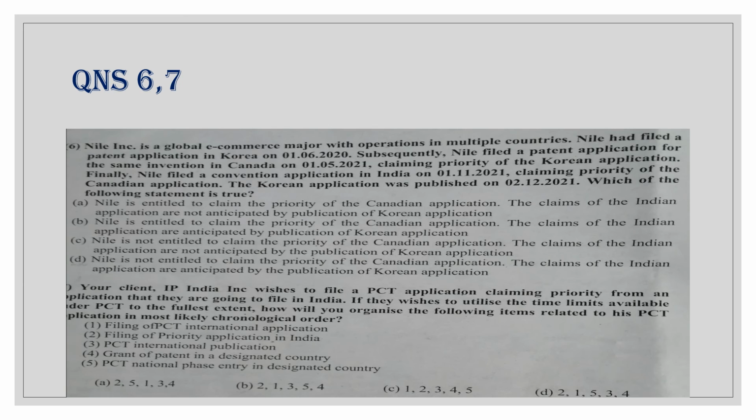Then PCT national phase entry in a designated country. And the last one is grant of a patent in a designated country. I hope it is clear now. The correct option is option B here. Let us proceed.